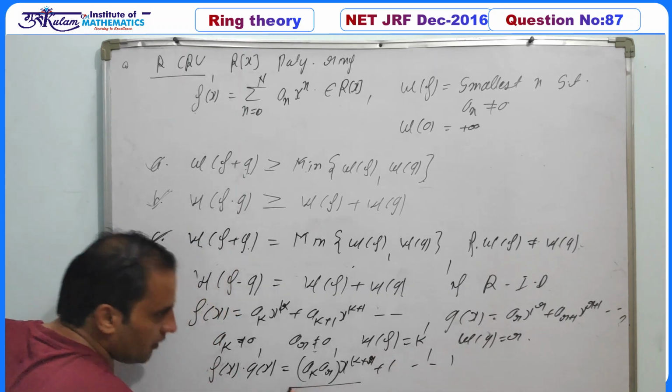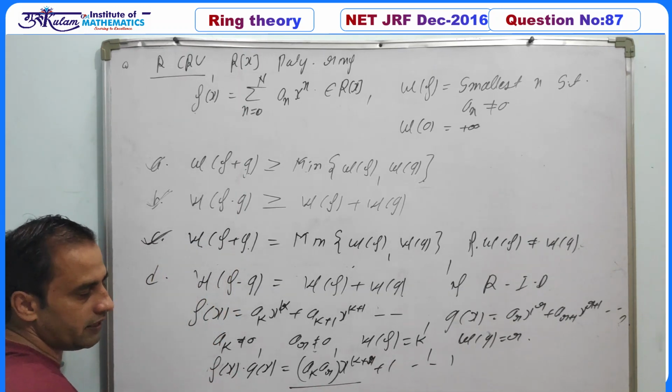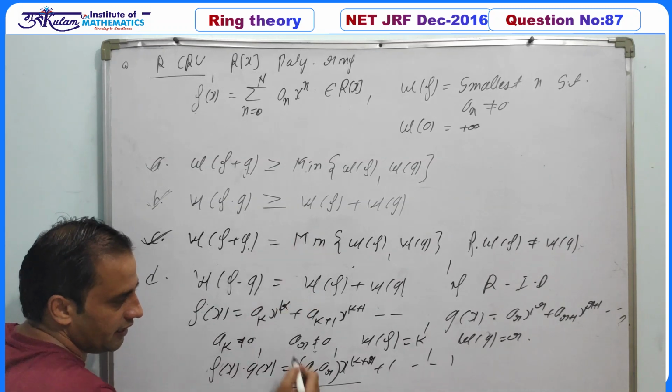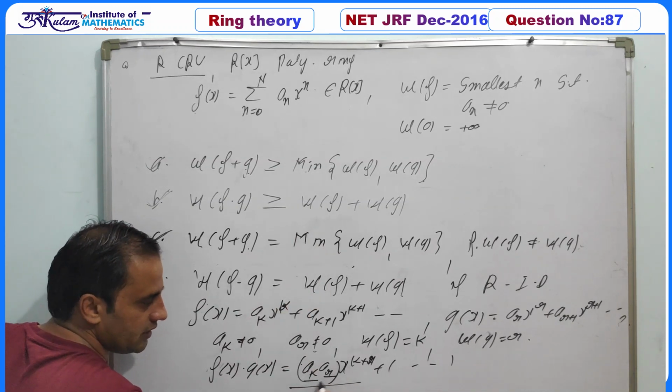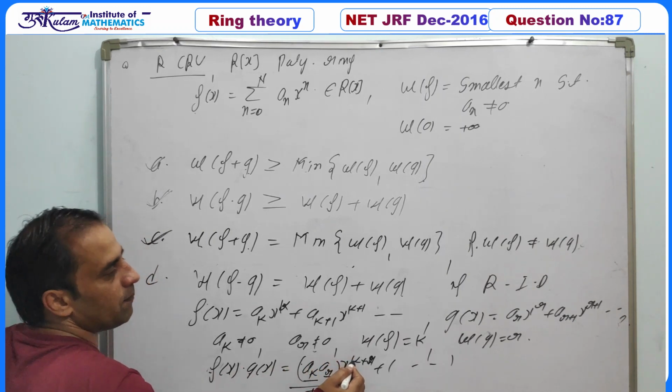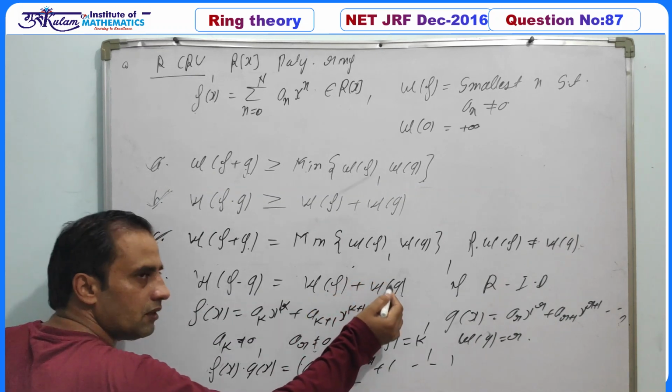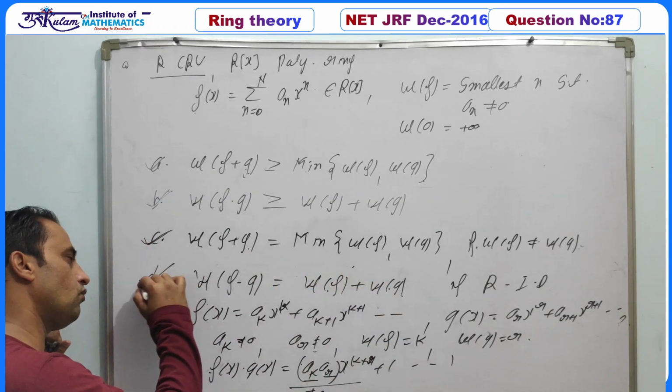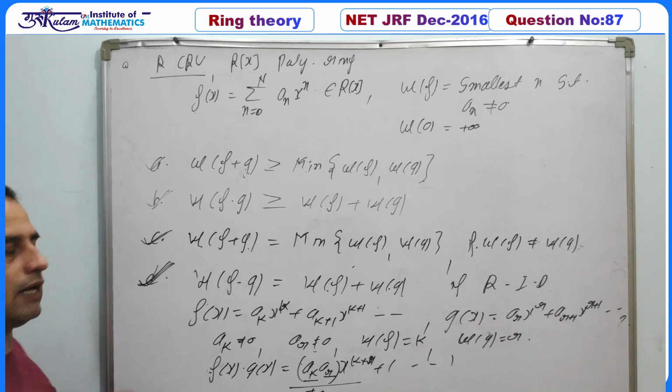So the least degree term must be of degree k plus r, and since the given ring is an integral domain, a_k is non-zero, a_r is non-zero, so this term is also non-zero. So obviously W(fg) is equal to k plus r, which is W(f) plus W(g). So this fourth option is also a correct option.